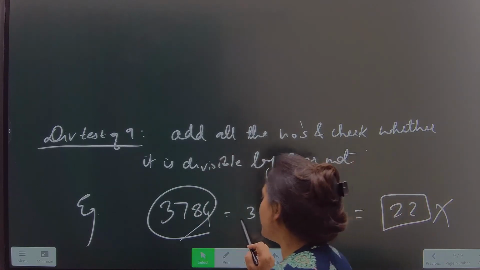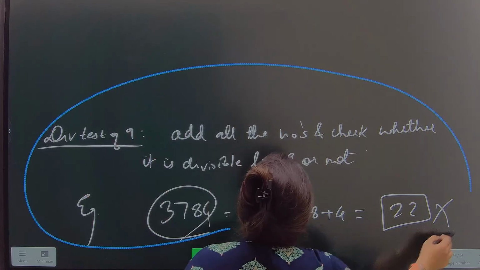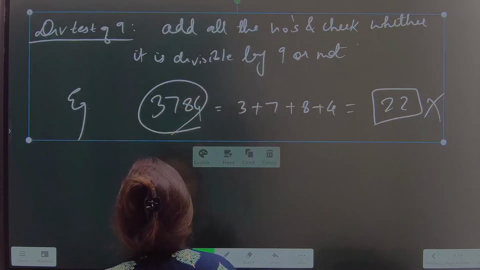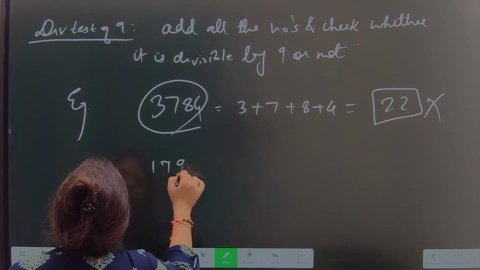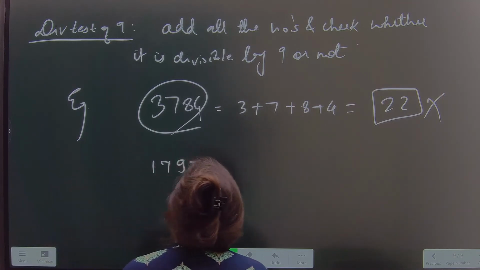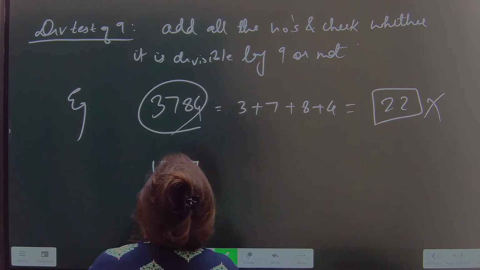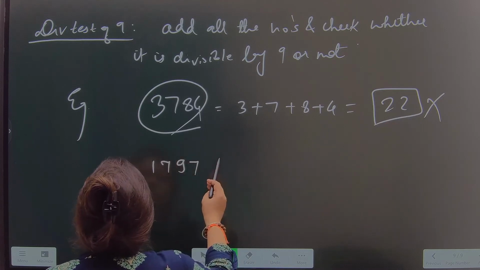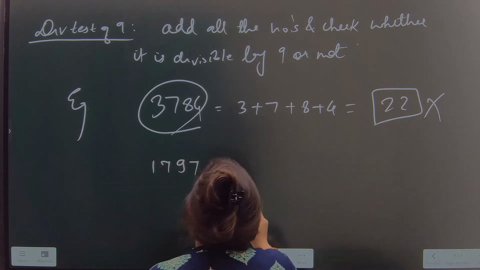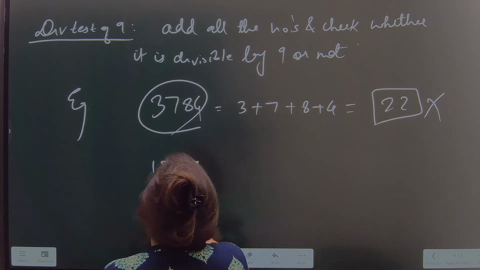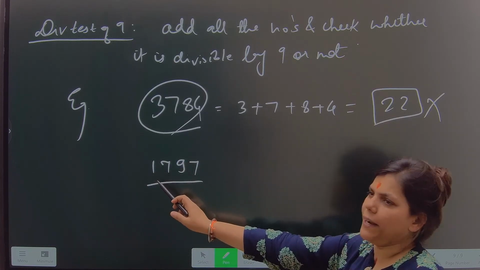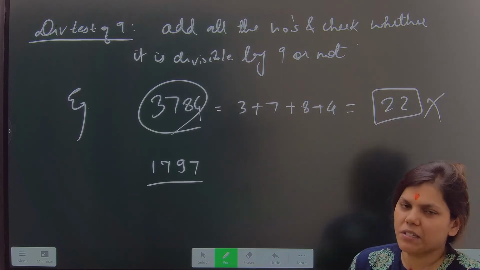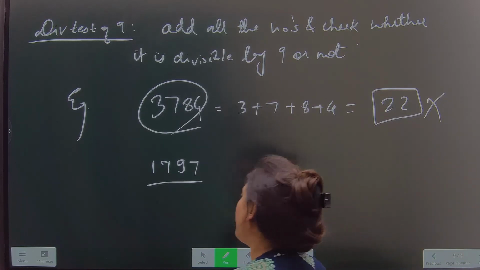Let us take another example. 1797. So 1 plus 7, 8, 8 plus 9 is 17, and 17 plus 7 is how much?